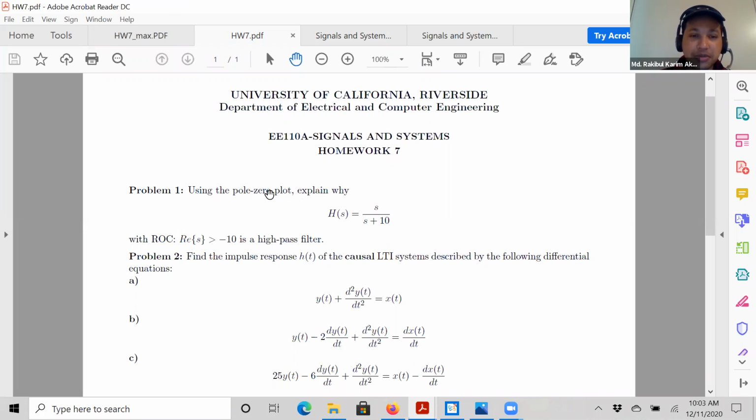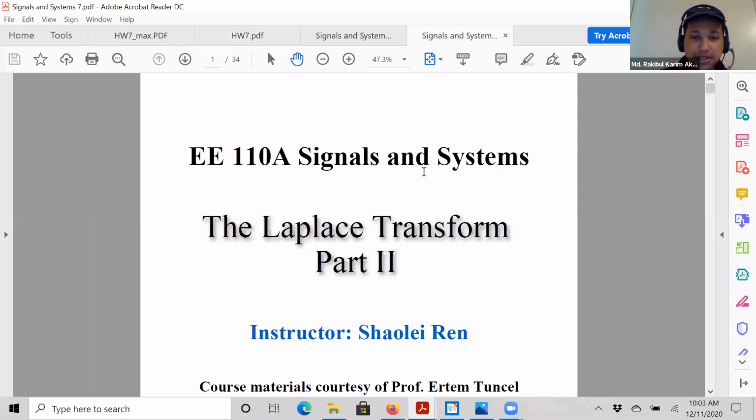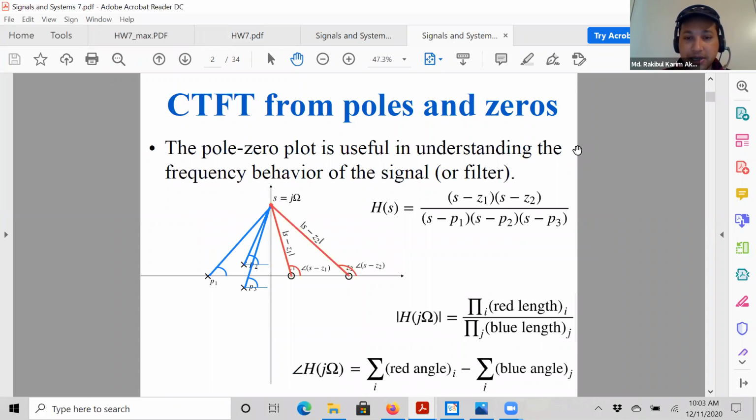Now we can just plot the pole zero and decide why it is a high pass filter. So at first, let's look at what is the pole and what is the zero. For Laplace transform part 2, you have already seen that a transfer function can be written as small parts multiplied, like s minus something multiplied by another s minus something.